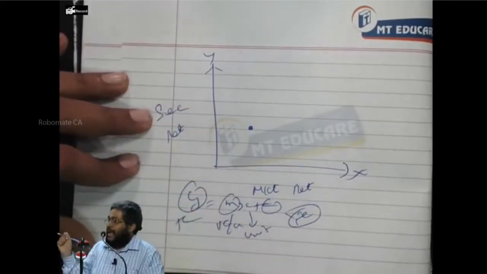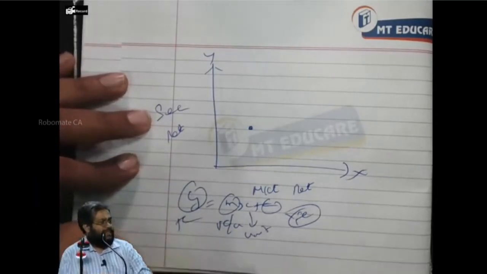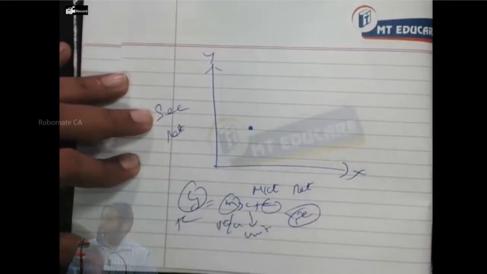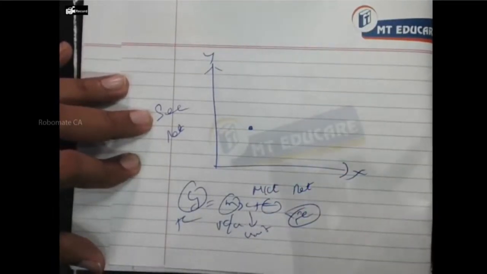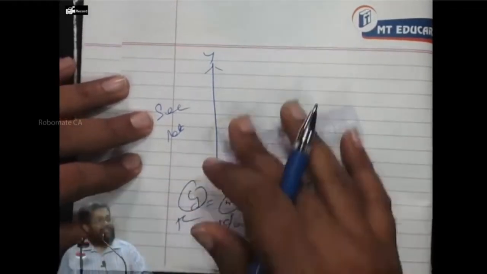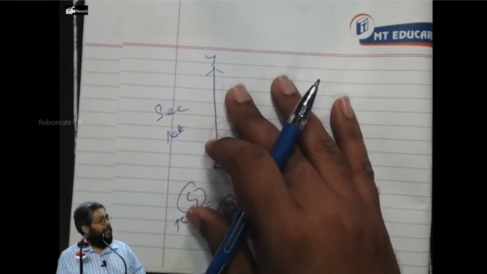We have one base, and with that base we move another number. The number which is influencing will be on the x-axis, and the number which is getting influenced will be on the y-axis. Now security return is getting influenced by the market return.